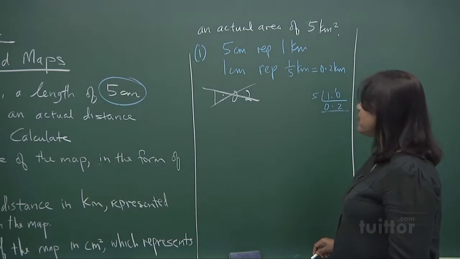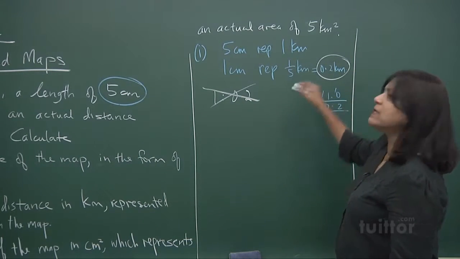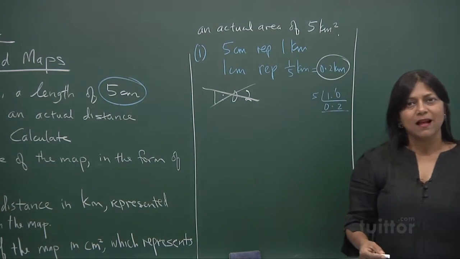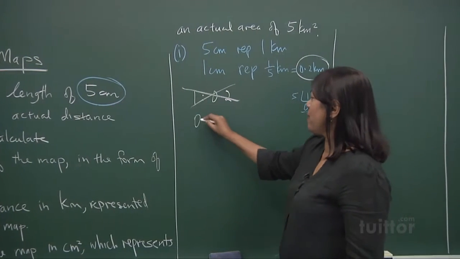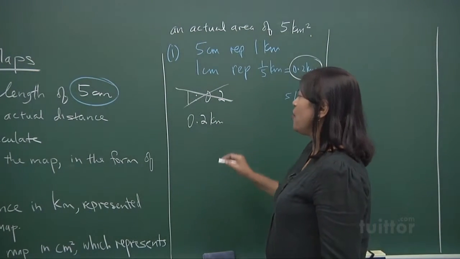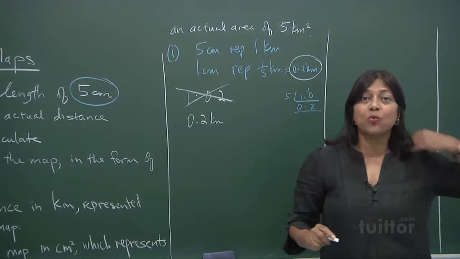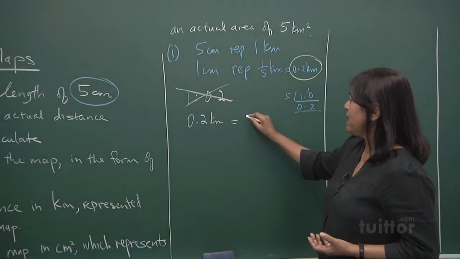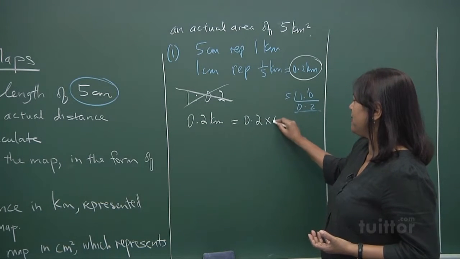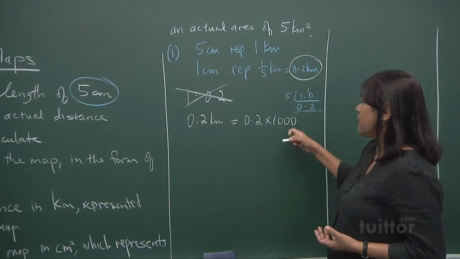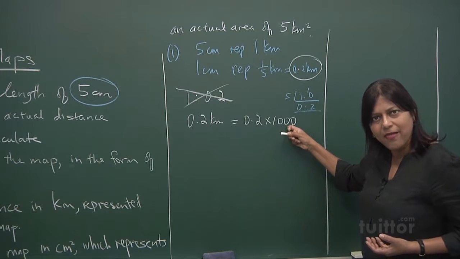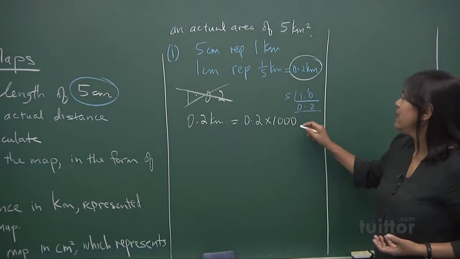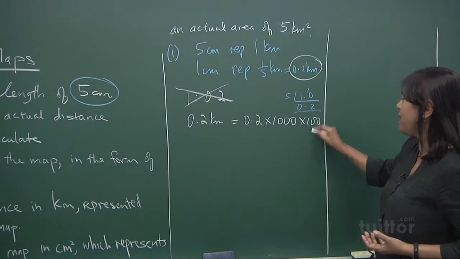You've got to change that 0.2 km to centimeters. So what is 0.2 km? You know 1 kilometer is equal to 1,000 meters. So for 0.2 km, you multiply it by 1,000 to change it to meters. And then to change it to cm, you multiply by another 100.